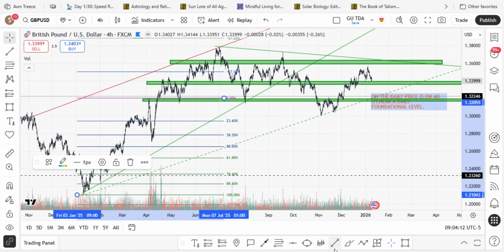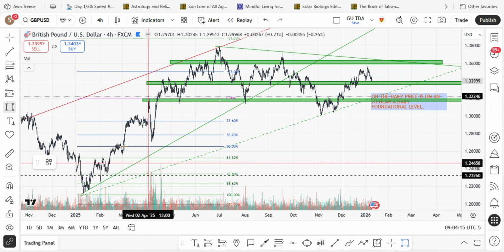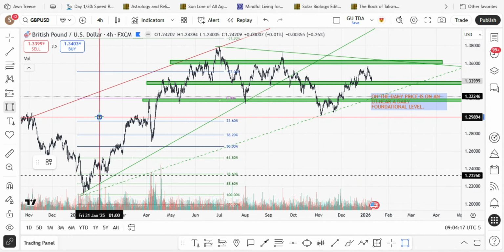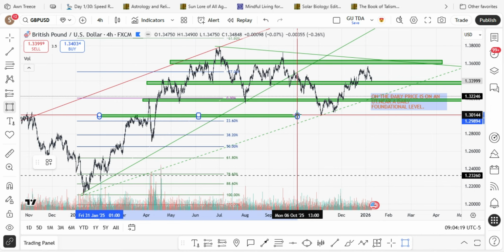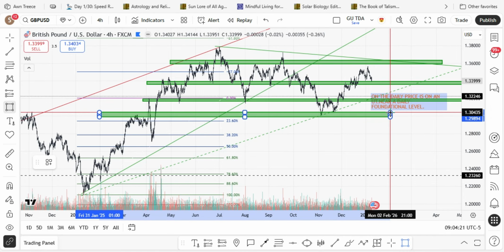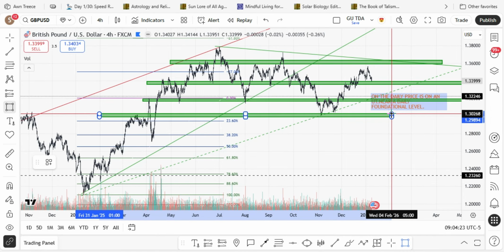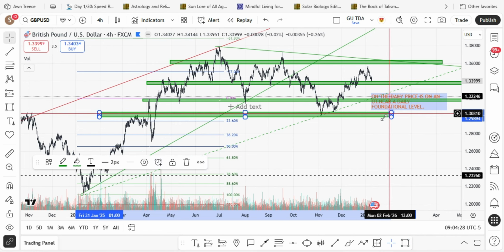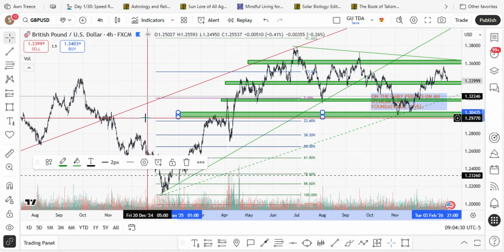This is definitely a zone here. A bunch of zones through here.